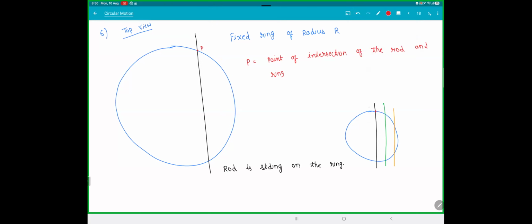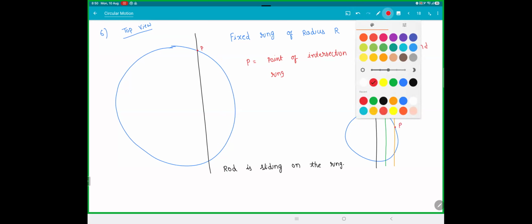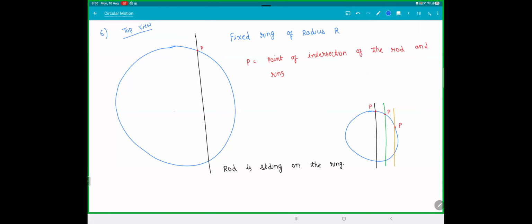So if you see the small picture, so this was P, this was P, and this was P, and so on. And this is your center. So if you're observing it from here, the observer is at the center, find the angular velocity of point P. The rod is going with speed V.